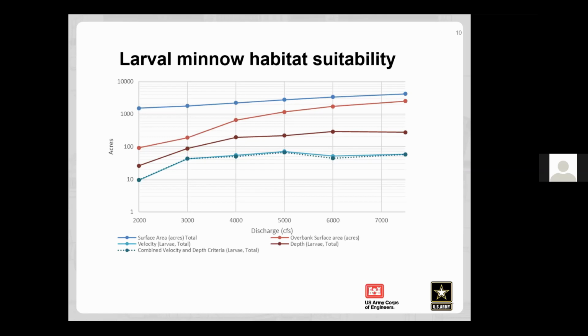Then, taking habitat suitability indices based on the depth and velocity that's relevant for the larvae, we see that those areas are not as high as for the total surface area or the overbank surface area.